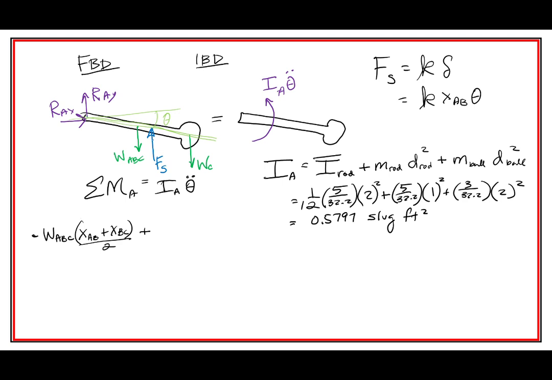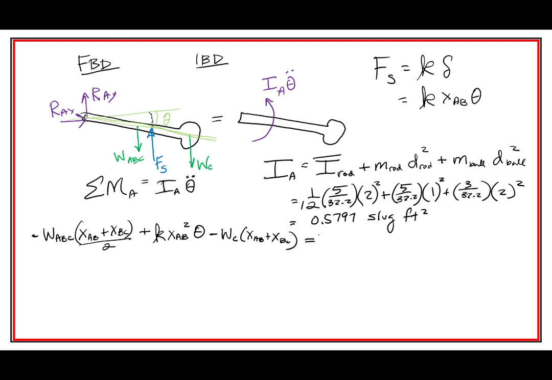That's the amount of distance it has traveled times that distance. So that's K X_AB theta, but it's squared, right? Remember, this is the small distance approximation. And then we keep going with the minus W_C, and that's going to be X_AB plus X_BC, and that's everybody on the left-hand side.